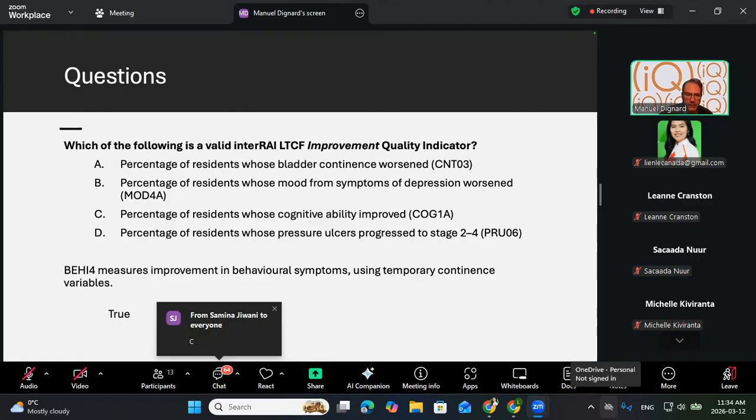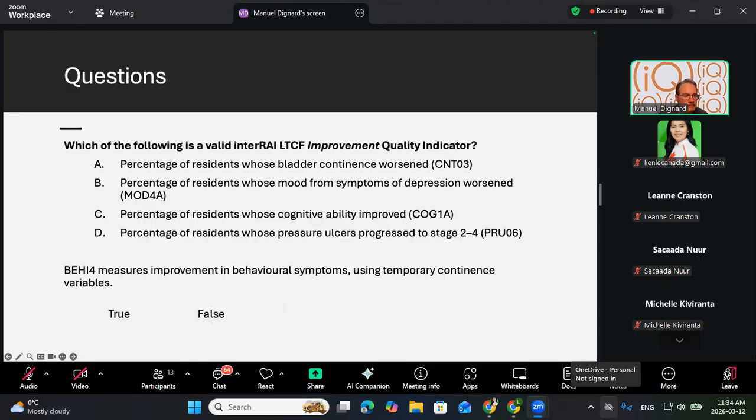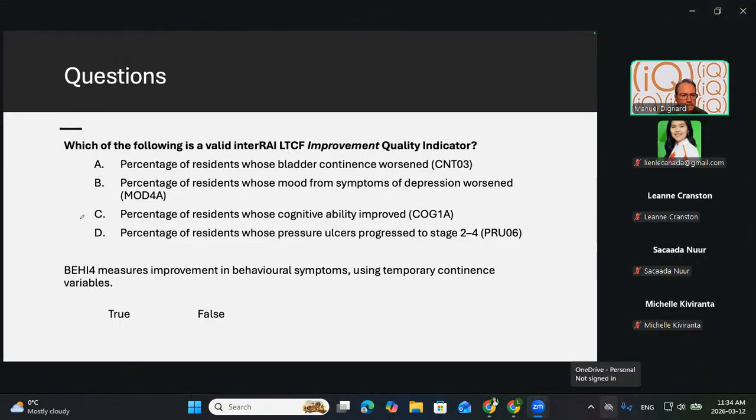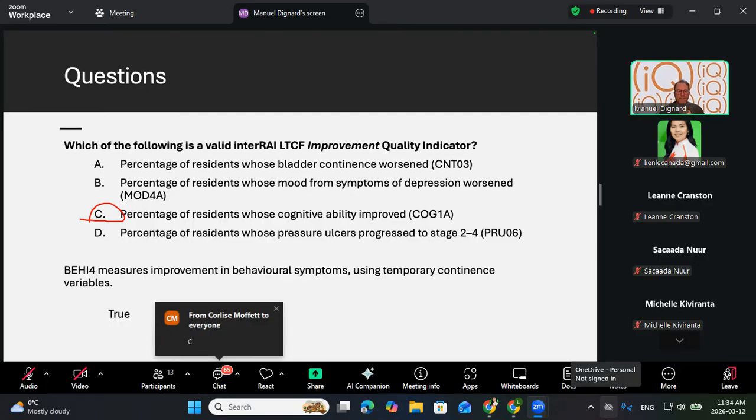This one is pretty straightforward, right? DEHI4 measures improvement in behavioral symptoms using temporary continence variables. True or false?